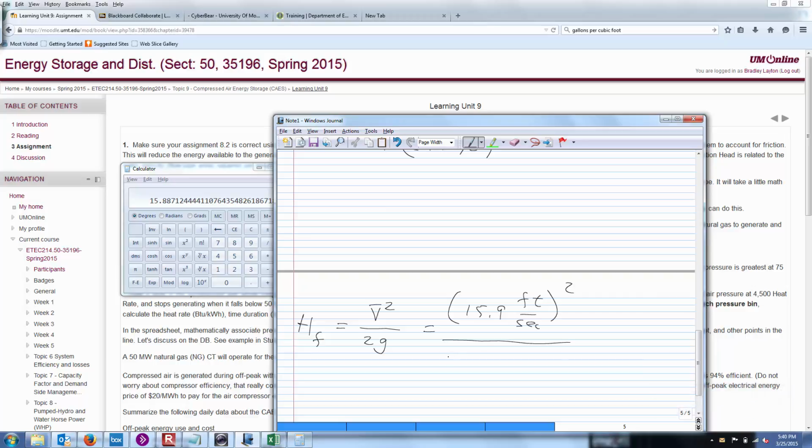And now we're looking at 2 times 32.2 feet per second squared.